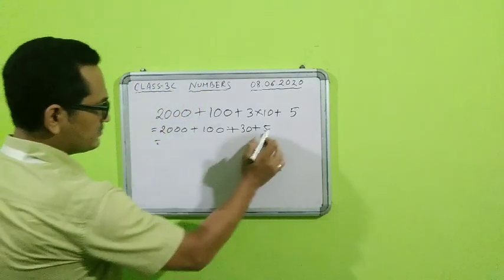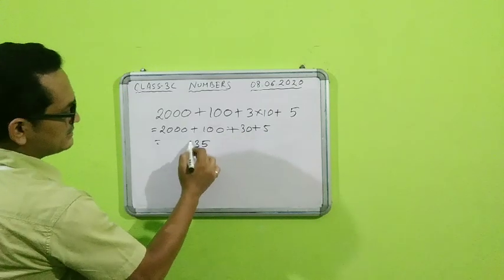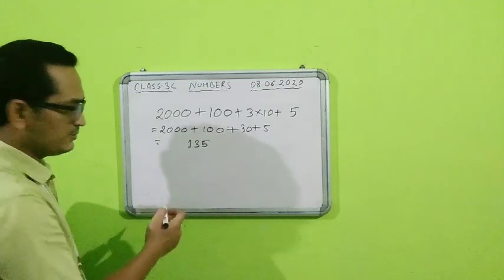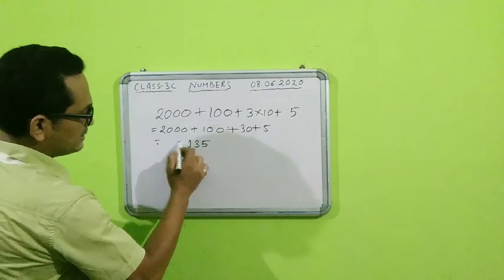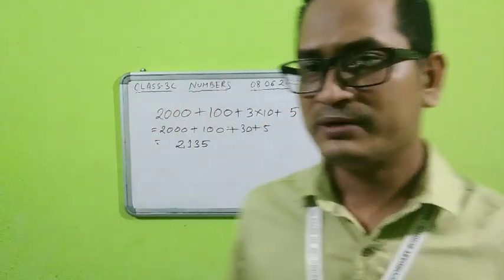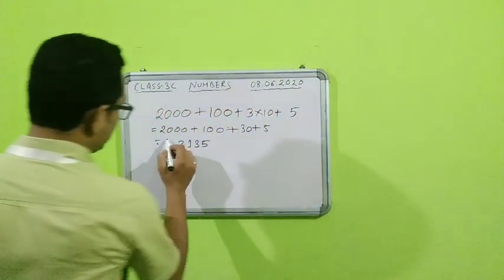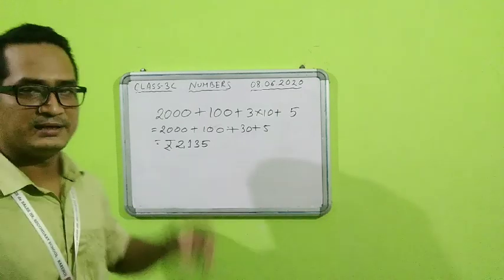So what will be the standard form? 5 is in the ones place, 3 is in the tens place, 100 is in the hundreds place, so 1 will come; the digits will come, not the whole number. And 2000, that means 2 is in the thousands place. So the amount that we got is rupees 2135.